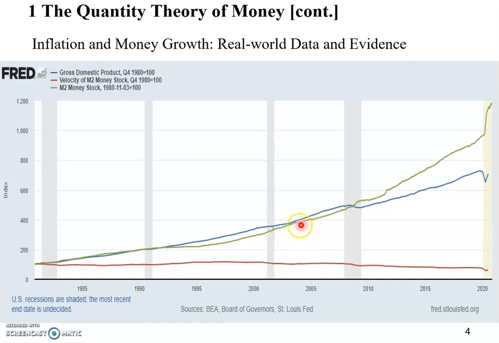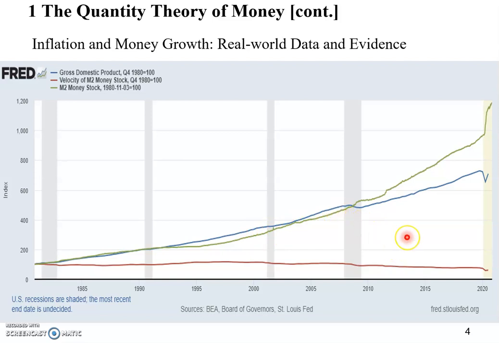Also, the nominal GDP here, the blue curve, is P times Y, and the green curve is M, the money supply. So it looks like P times Y is approximately equal to M times V. That's why, for a given constant V, M and nominal GDP are positively correlated.